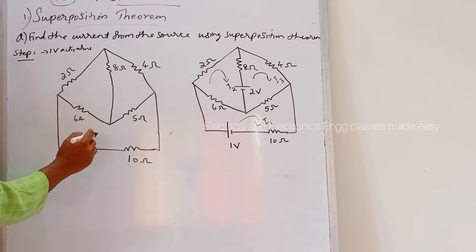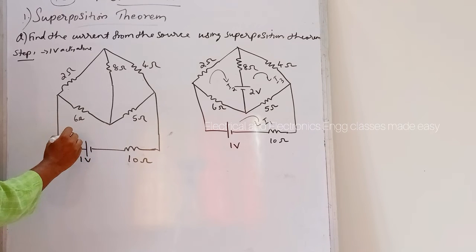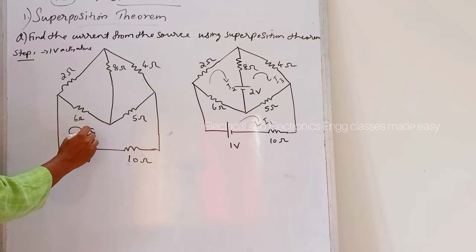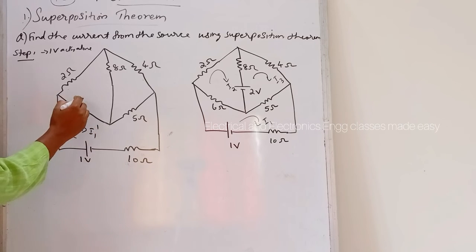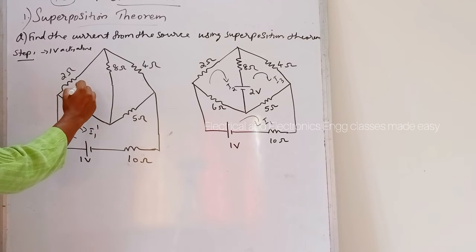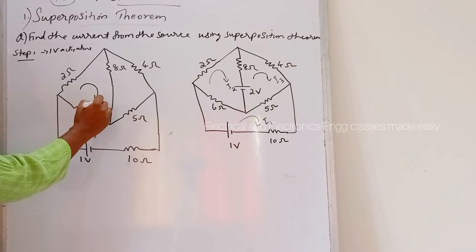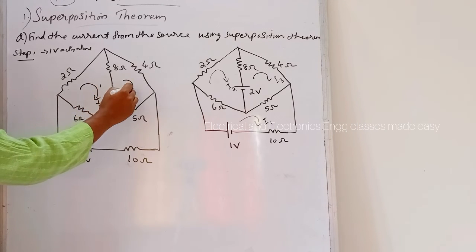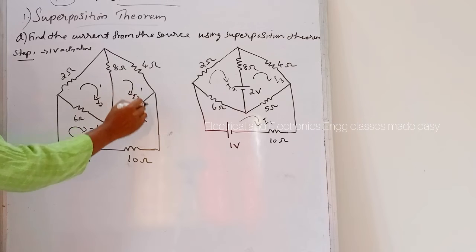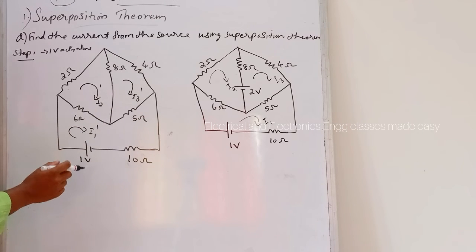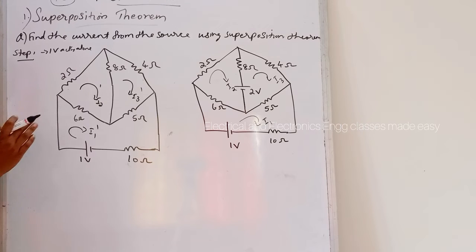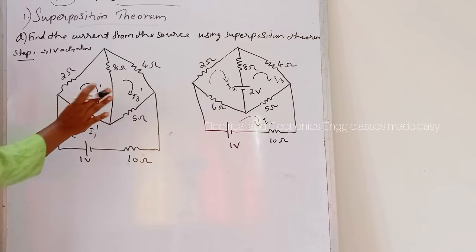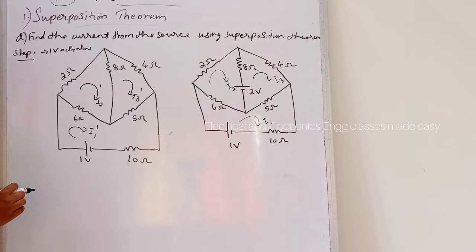Now mark the currents. So this is I1 dash, then this is I2 dash, then this is I3 dash. Now we have to find I1 dash and no need to find the values of I2 dash and I3 dash.